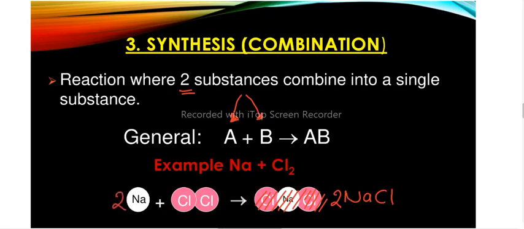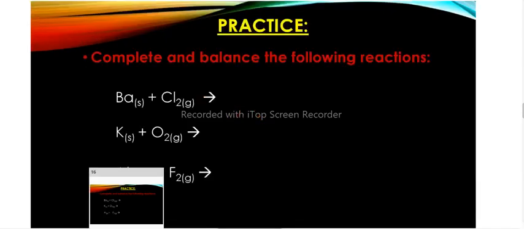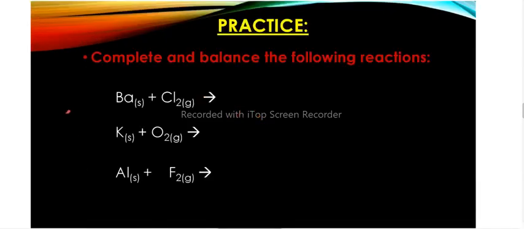Now we're going to apply one more examples for the synthesis chemical reaction. So barium and chlorine, they will combine together, and this will form BaCl2 since the oxidation state of barium is +2. The K and the O, they will react, and your final product is K2O.